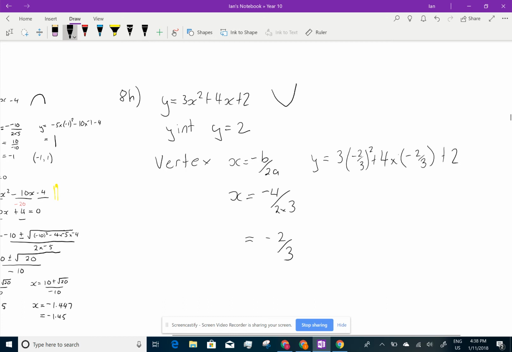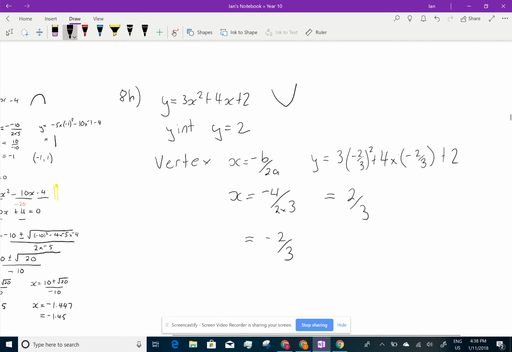I'm going to have to do that on my calculator. So 3 times negative 2 over 3 squared plus 4 times negative 2/3 plus 2. And I get 2/3.